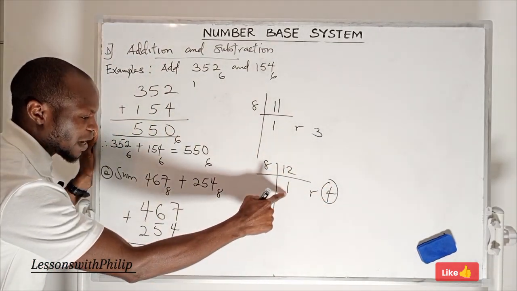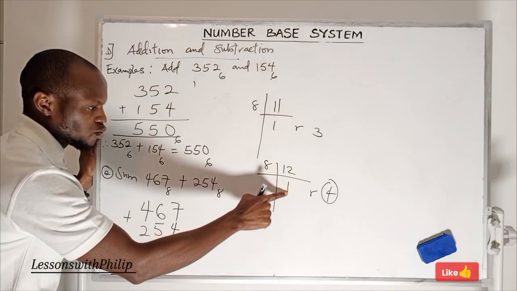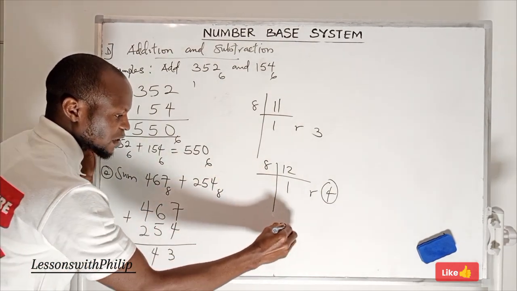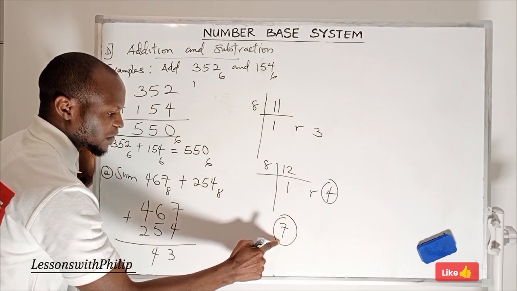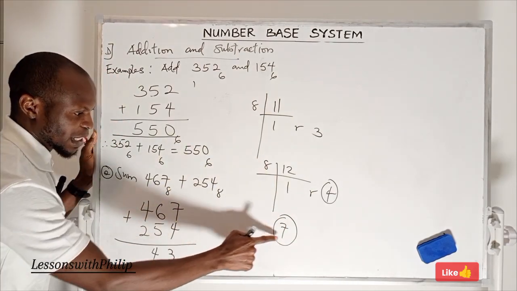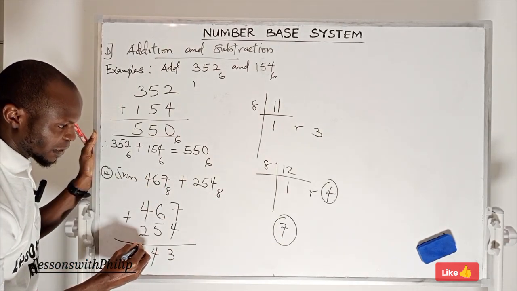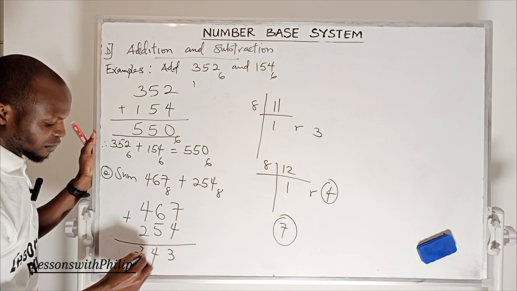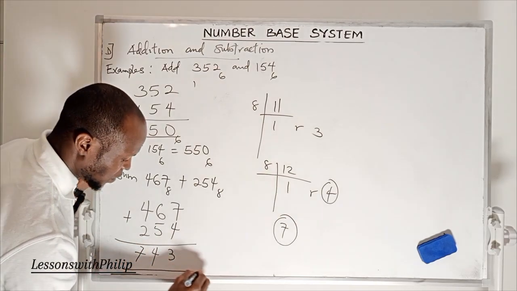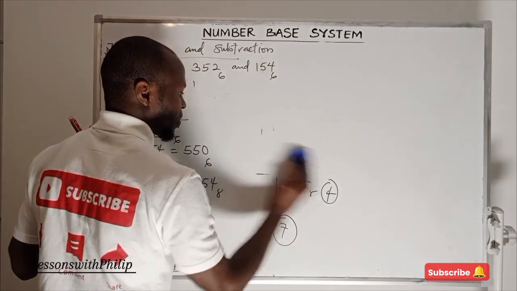Don't forget, I still have 1 left. 4 plus 2 is 6. 6 plus 1 is 7. If you observe, this 7 is not up to my base 8. Since 7 is not up to my base 8, I put 7 there. So automatically this will be in base 8. Do you get it?